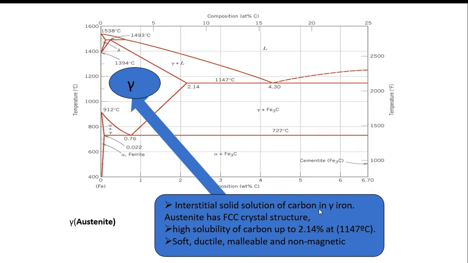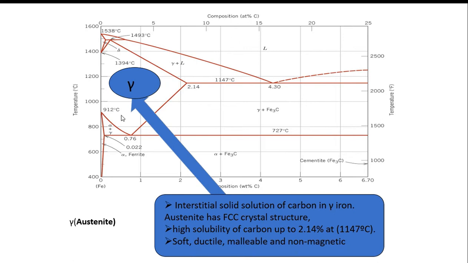Right here, this is the austenite, an interstitial solution of carbon in gamma iron. Austenite has an FCC crystal structure, with high solubility of carbon up to 2.14%, right, at 1147 degrees Celsius. After this, you can't see austenite.